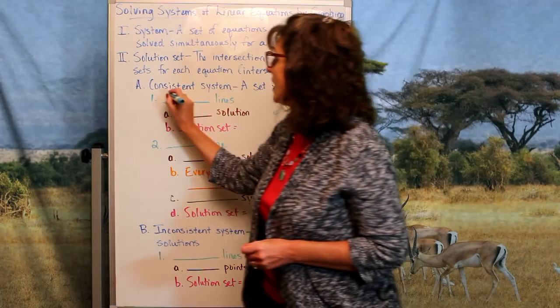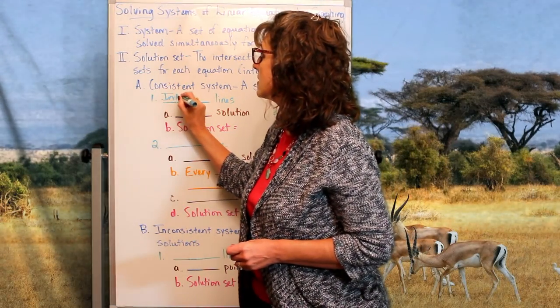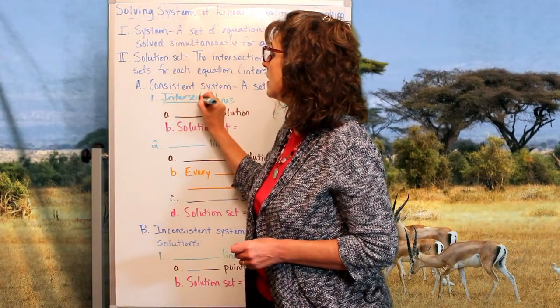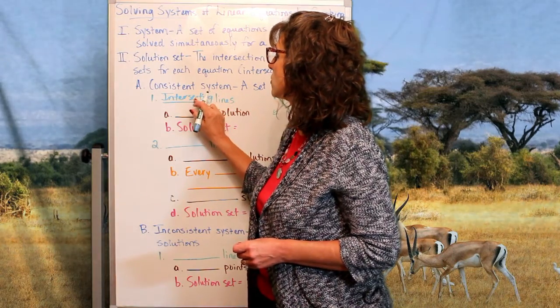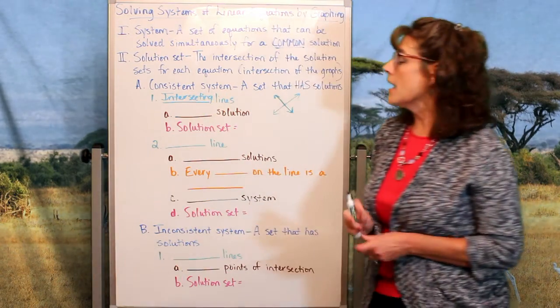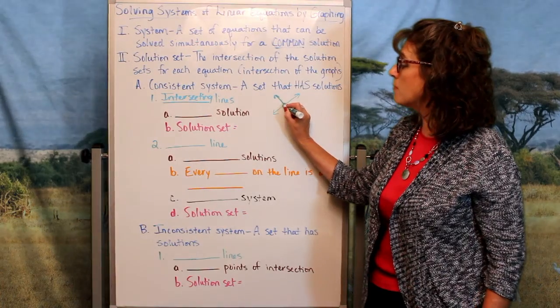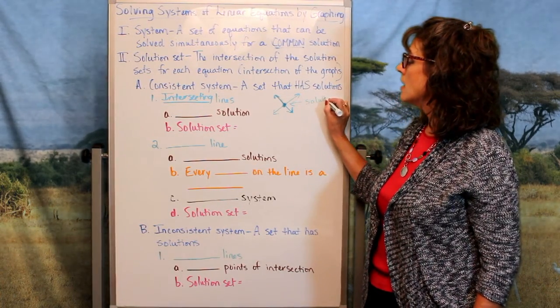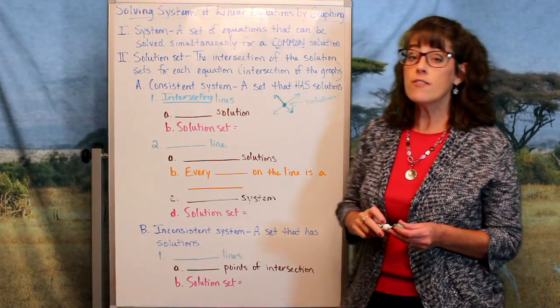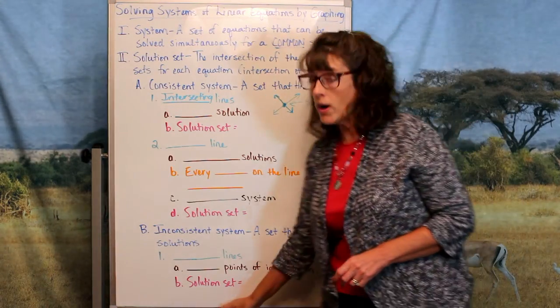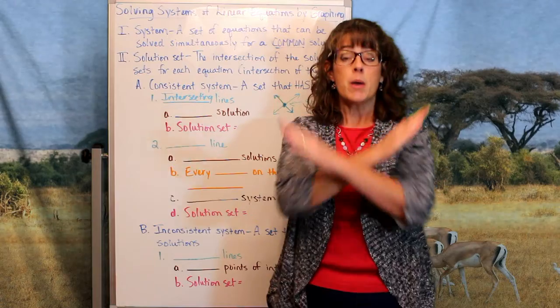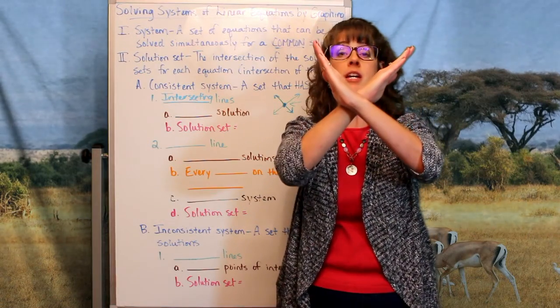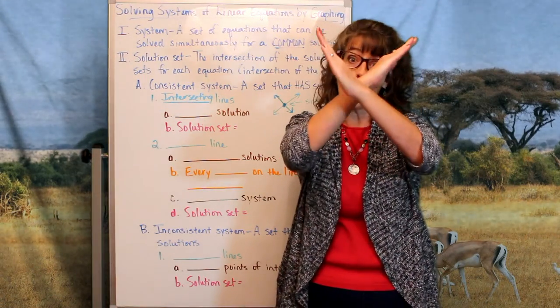And intersecting lines are going to be a consistent system because intersecting lines, as you can see in the picture, definitely have a point of intersection, and this is where the solution is going to sit. Now notice that if they are straight lines and we don't have any curves going on, they're only going to intersect at how many points? Yes, one point right here.